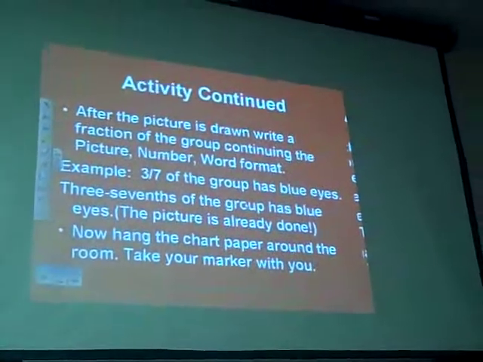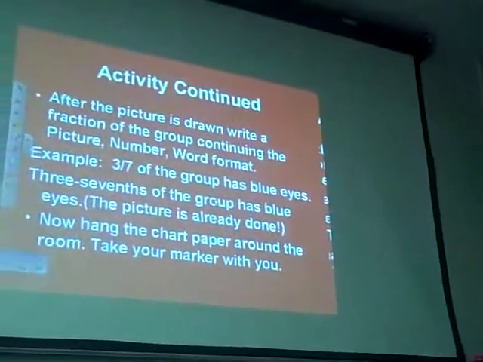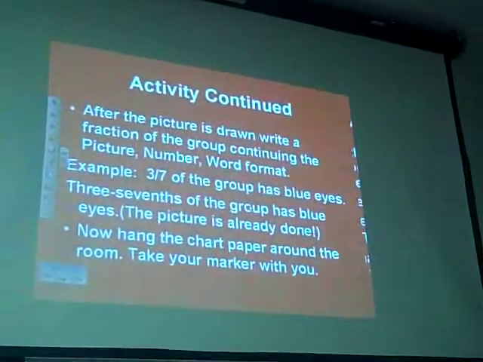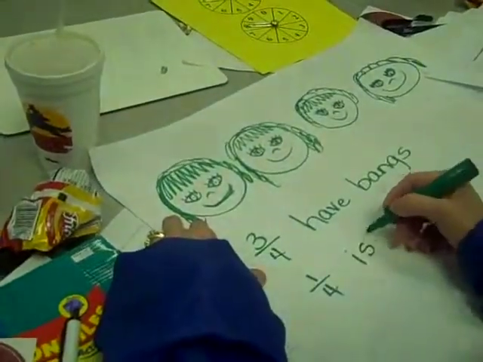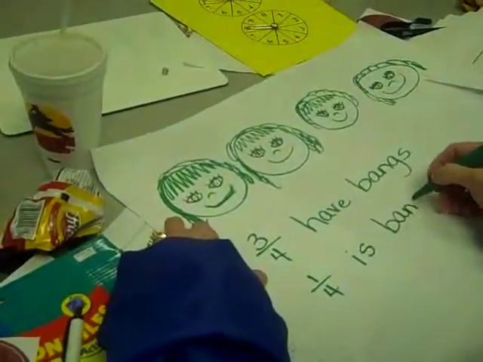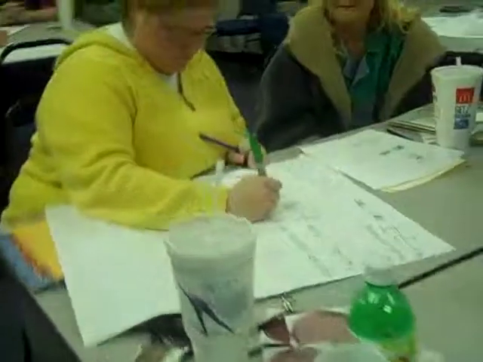So each person can come up with a different fraction related to your characteristic, or as many different fractions as you can come up with. But you have to come up with another fraction that's equivalent to 1/2.